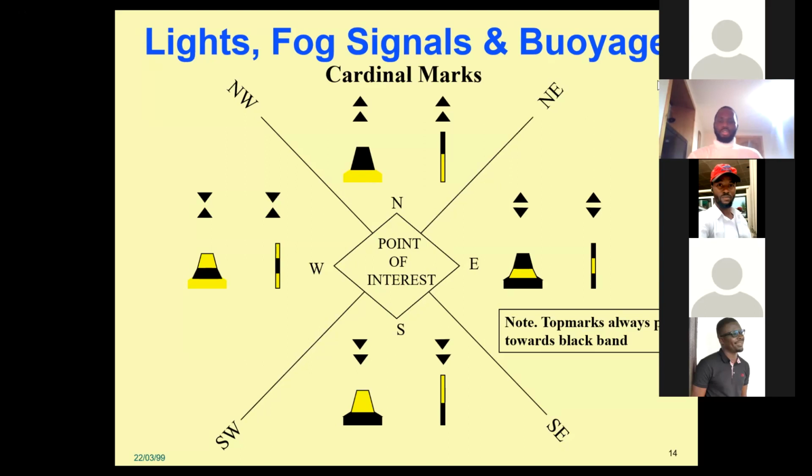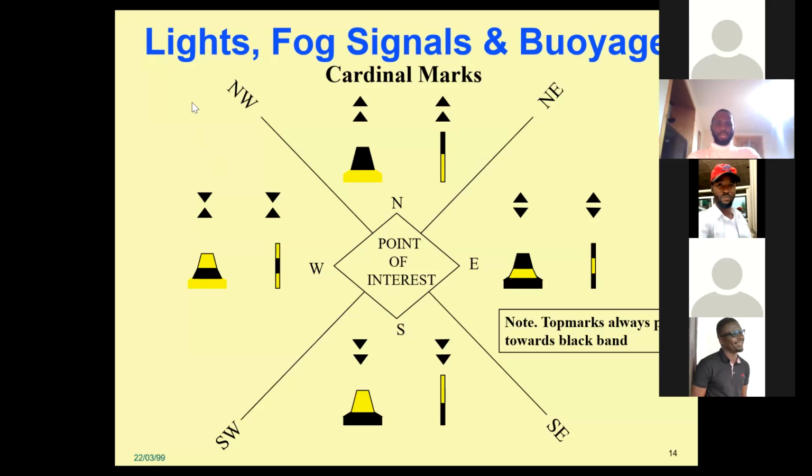Let's look at it from another angle. Your answer, which is alter course to starboard, is perfect if it was an East Cardinal Mark. So East Cardinal Mark, you alter course to where? You're coming from southeast and you see the East Cardinal Mark.